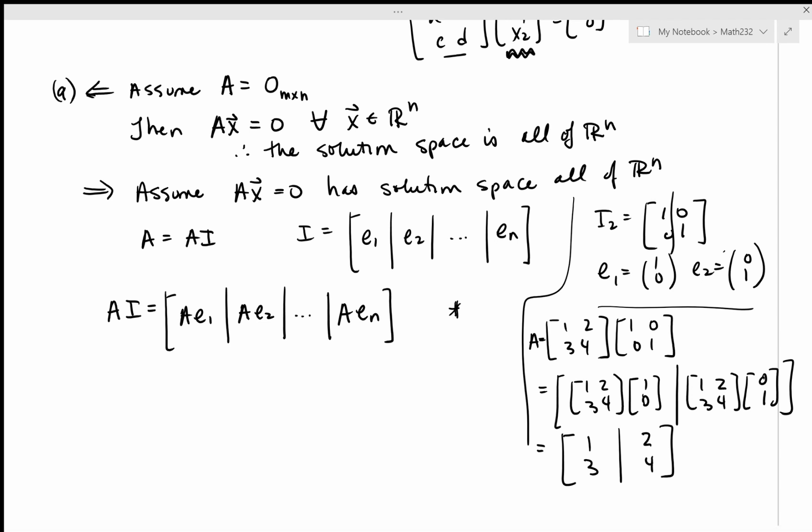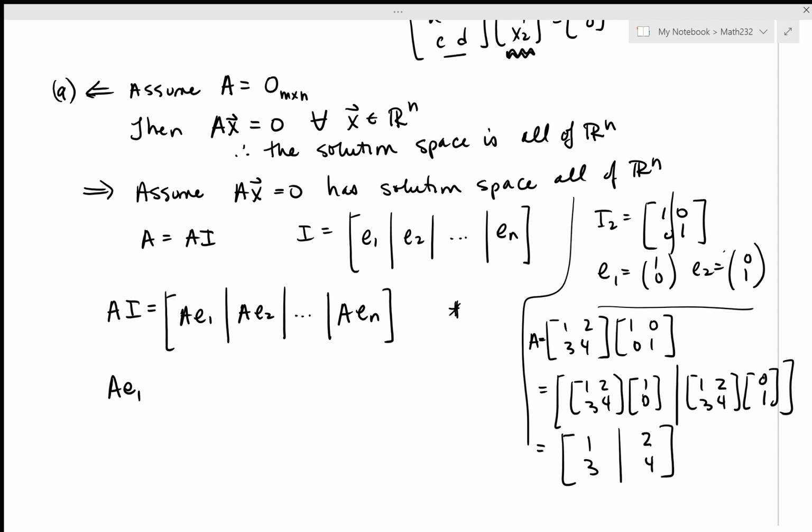Okay. So A times E1, that's A times a vector. And the solution space of AX equals 0 is all of Rn. So therefore, the solution space includes E1. Does that make sense? So we know the solution space is all of Rn.